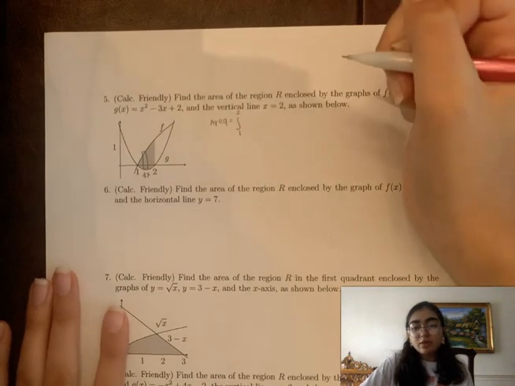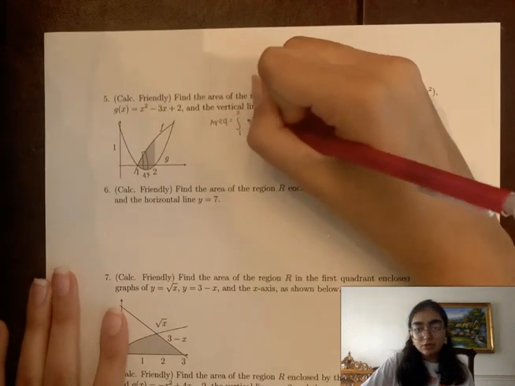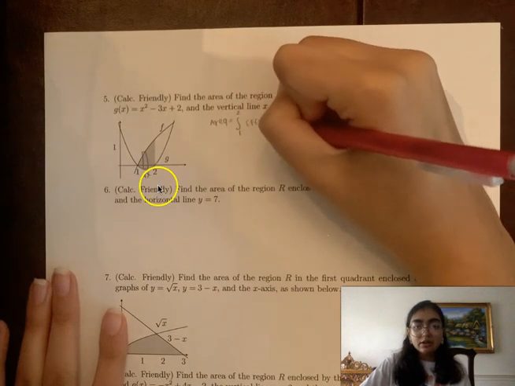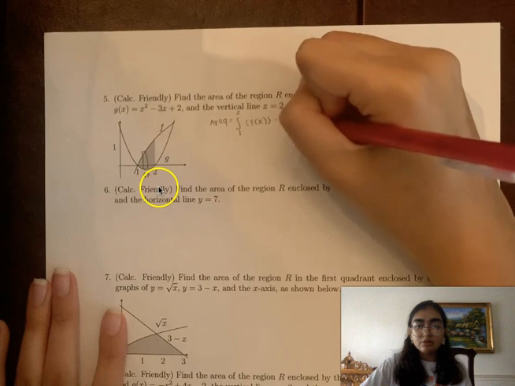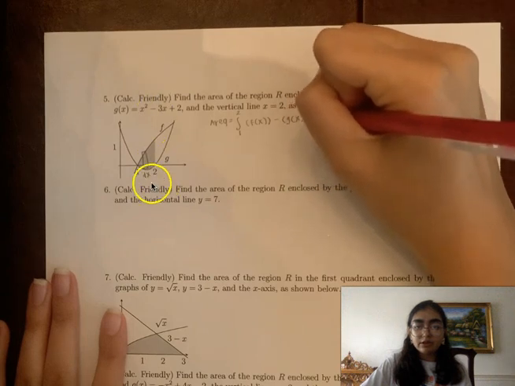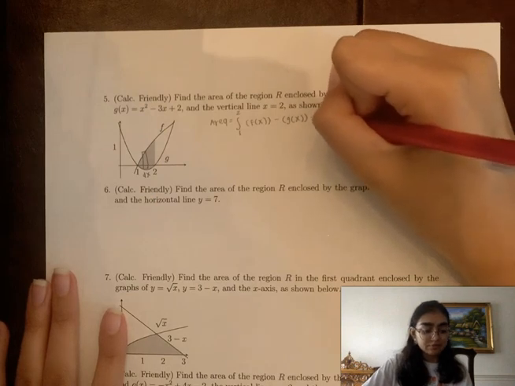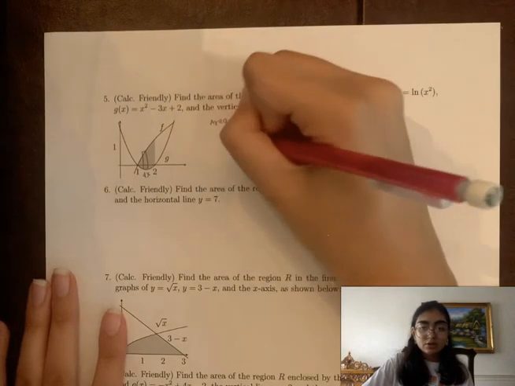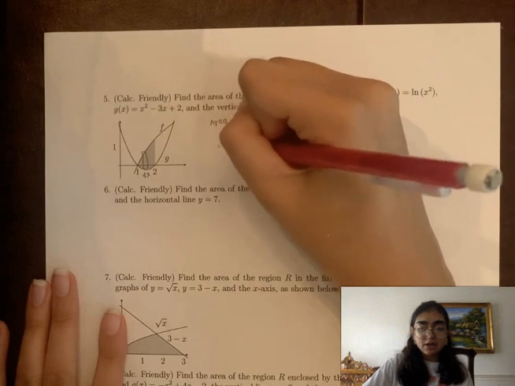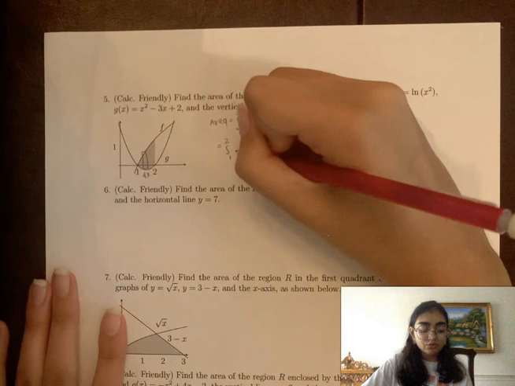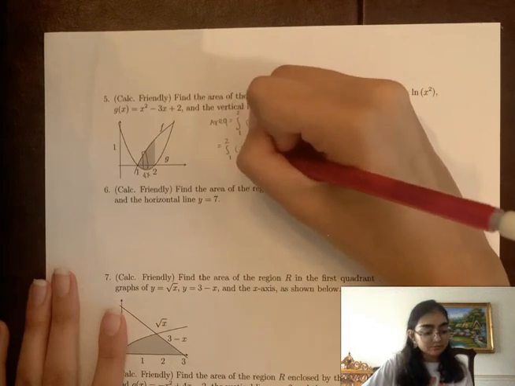We know that our limits for this integral are going to be 1 and 2, because we can see that our intersection point is labeled right here as 1, and the region is enclosed by the vertical line x equals 2. We can also see this where the shaded region stops. So we're going to essentially have an equation that's area equals integral from 1 to 2, f of x minus g of x times dx.